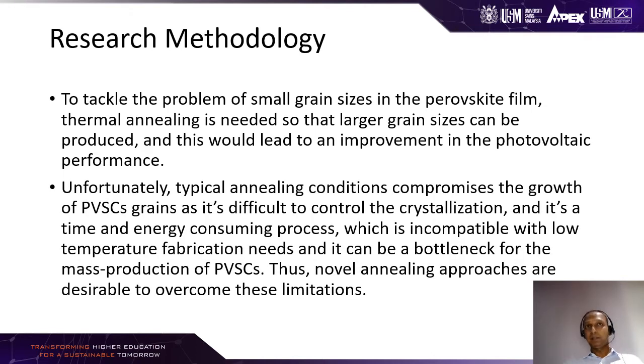Unfortunately, typical annealing conditions compromise the growth of the PVSC's grains as it's difficult to control the crystallization, and it's a time and energy consuming process, which is also incompatible with low temperature fabrication needs. And it can be a bottleneck for mass production of PVSCs. As such, a novel annealing approach is much desired to overcome all these limitations.